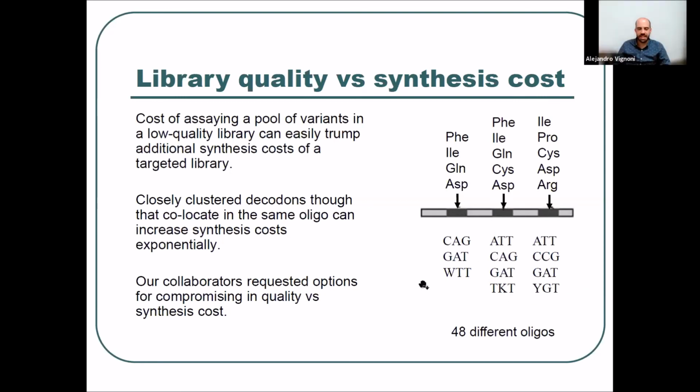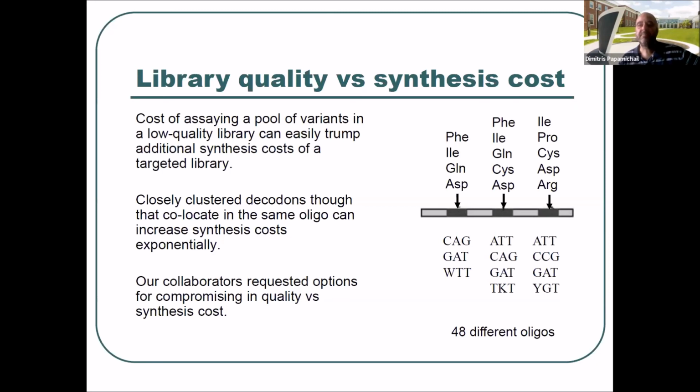Okay, in that case, having the list at the end of what you get using fewer degenerate codons, you get what you can do with that. Right. By reducing the number of degenerate codons, I'm reducing the total number of oligos being ordered.